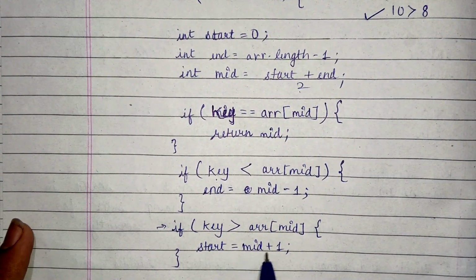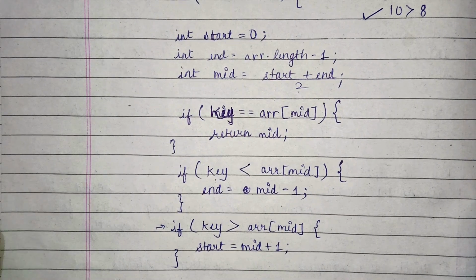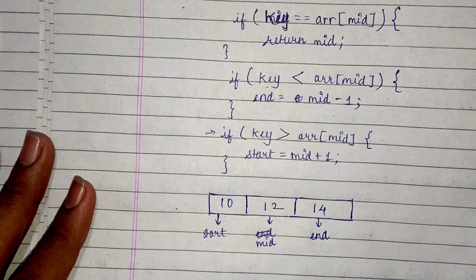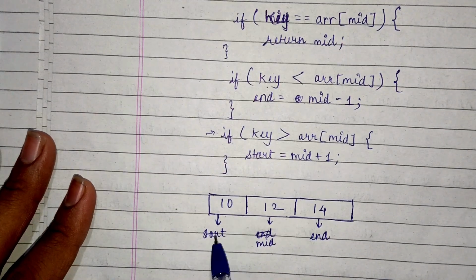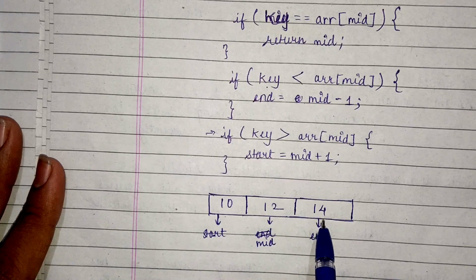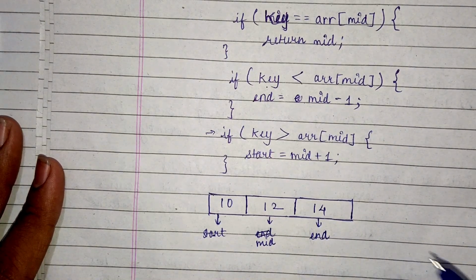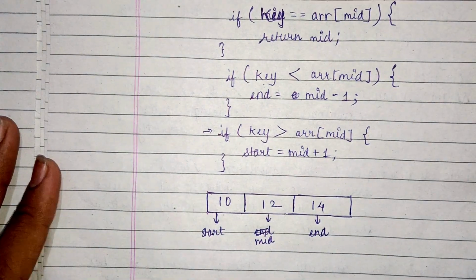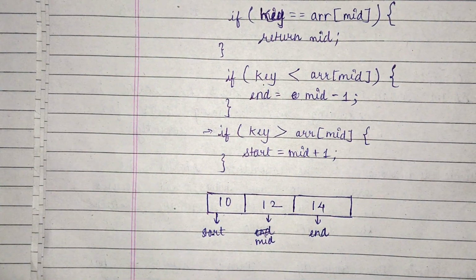The start value gets updated by mid plus 1. Start will be the next value, means 10 will be the next value, and end value remains same as we seen in the above array, and mid value gets updated.